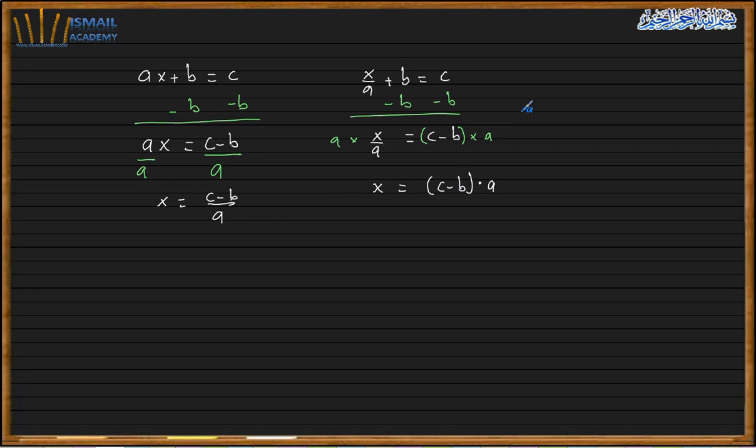What about if I have a times x plus b, the whole quantity? That means I don't have addition on the outside, because a times this, I have a multiplication. Second step: because I don't have any addition, I divide by a. So what's left? X plus b equals c.